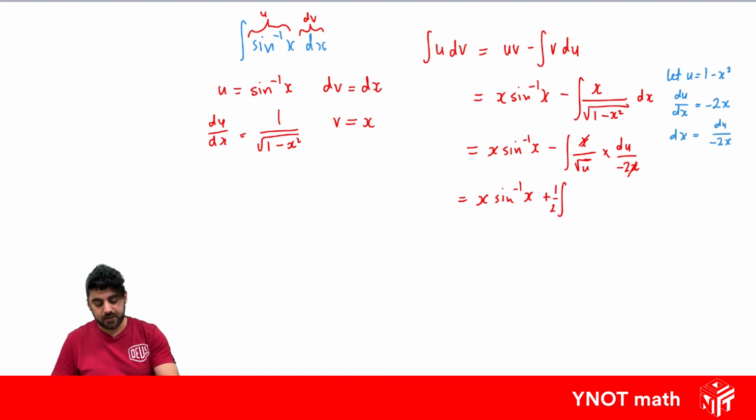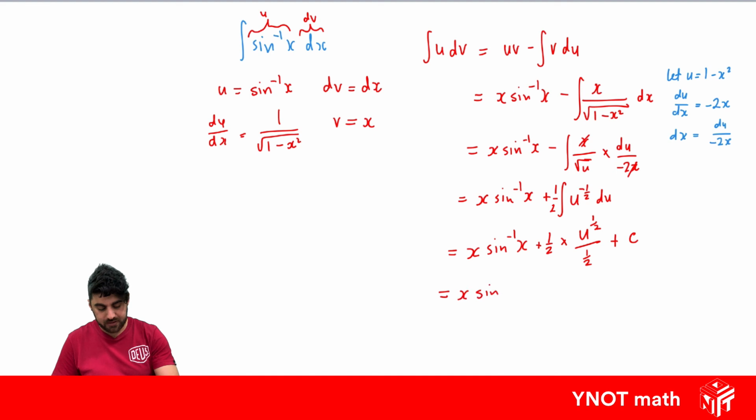And we can rewrite 1 on root u as u to the minus half du. So we get x inverse sine of x plus a half times the integral of u to the minus a half is just going to be adding 1 to the power and dividing by that power plus a constant.